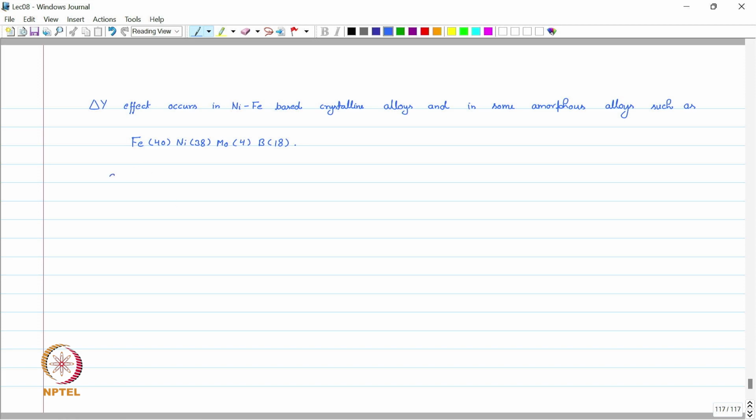These kinds of alloys can be used to make magnetic field sensors.